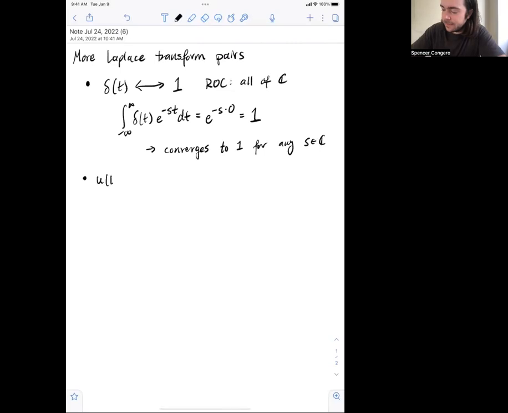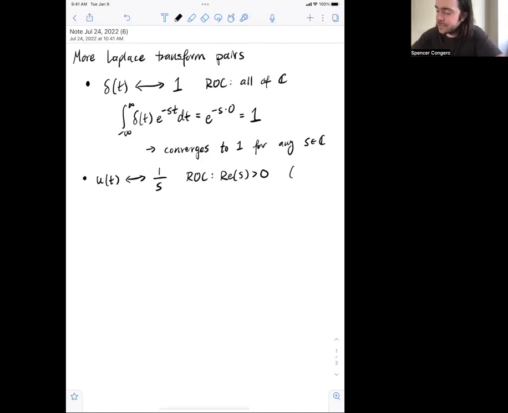How about the unit step function? What's this Laplace transform? Well, it's going to be 1 over s, and the ROC is when the real part of s is greater than 0. Okay, and it turns out there's going to be another similar pair, just like we saw in the previous video, a causal and an anti-causal Laplace transform.